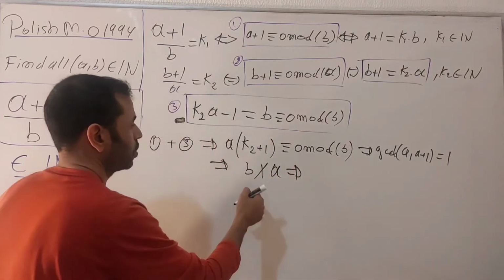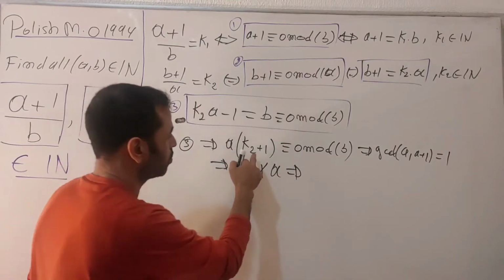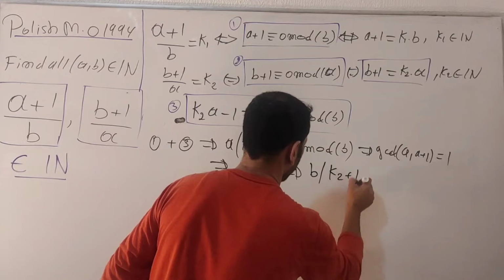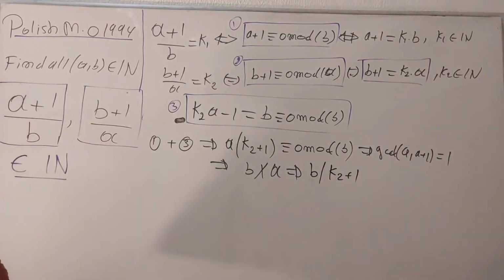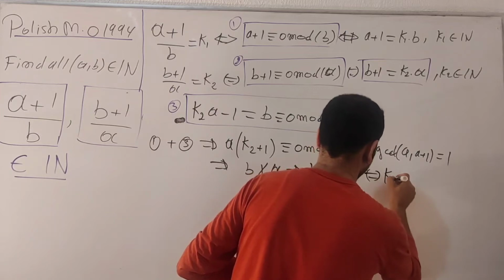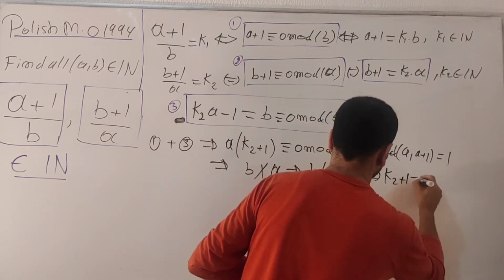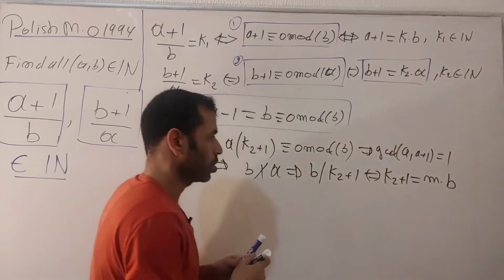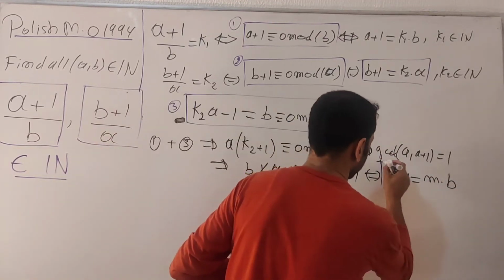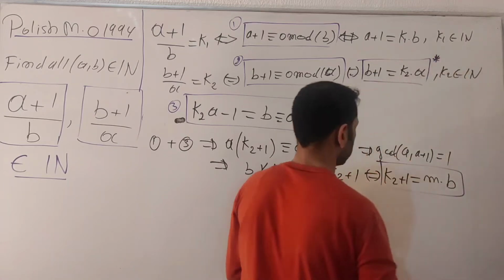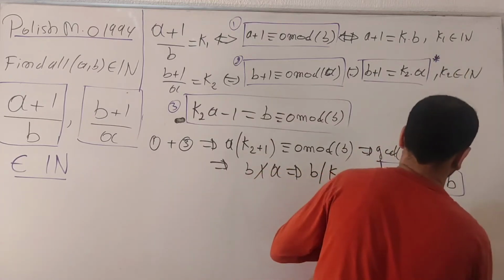If b does not divide a, then b must divide k2 plus 1. So according to the divisibility statement, k2 plus 1 equals m multiplied by b. So I have ended with this nice expression. Let's name this one equation star, and this one double star.